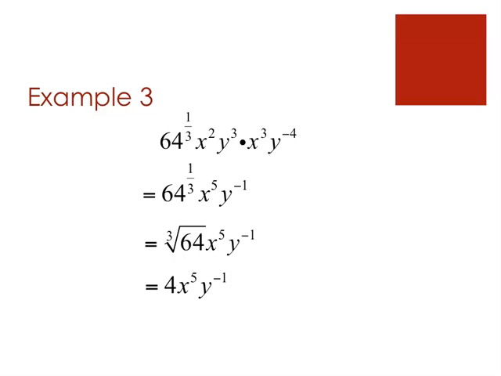So this y to the negative 1st, we'll go ahead and use that last law of exponents. Remember, when you have a negative exponent, you take the negative off, and then you move that entire thing into the denominator. So y to the negative 1st, take off the negative, now we just have y to the 1st, and we're going to move y to the 1st into the denominator. So this is going to be 4x to the 5th divided by y.